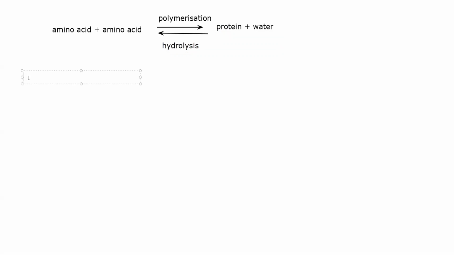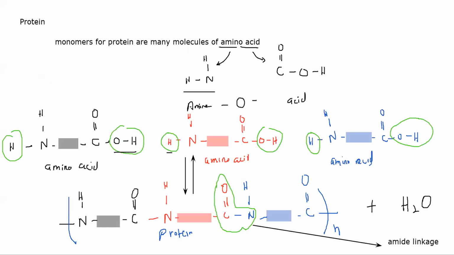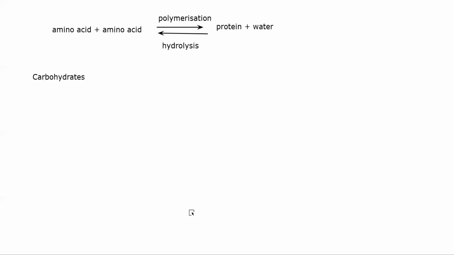The second condensation polymer is carbohydrates. Formation of the carbohydrate. So what are the monomers? The monomers here for carbohydrate are many molecules of diol. So, the monomers for carbohydrates.